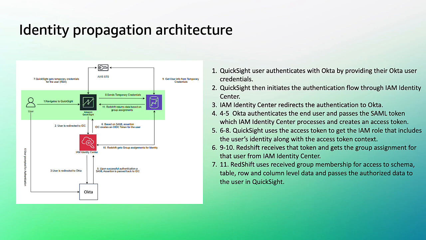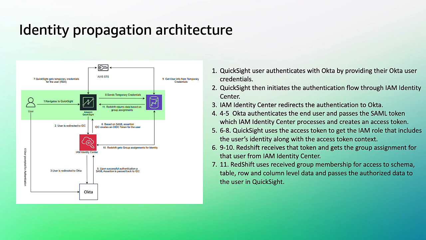QuickSight passes that information to the underlying data source in the form of single sign-on. And at Redshift level, when the data is being retrieved from Redshift, at that point, you are able to apply those rules that are configured in Redshift and give only data that the user is entitled to use.